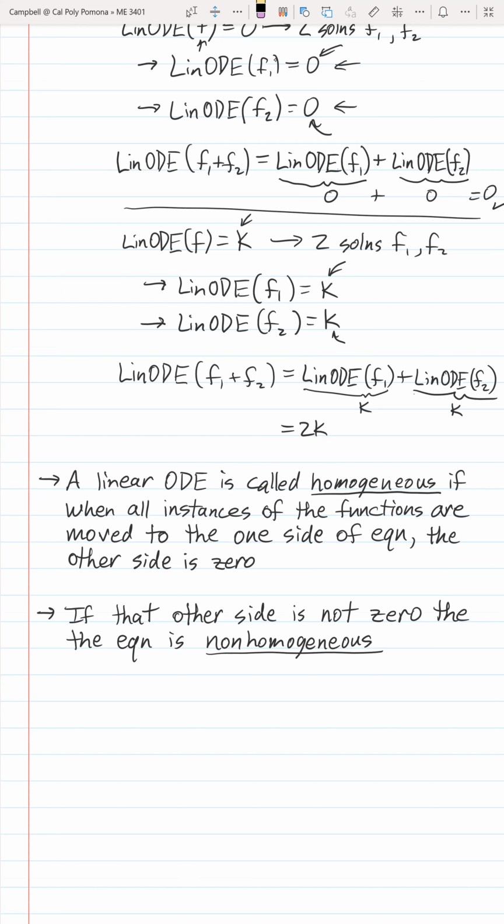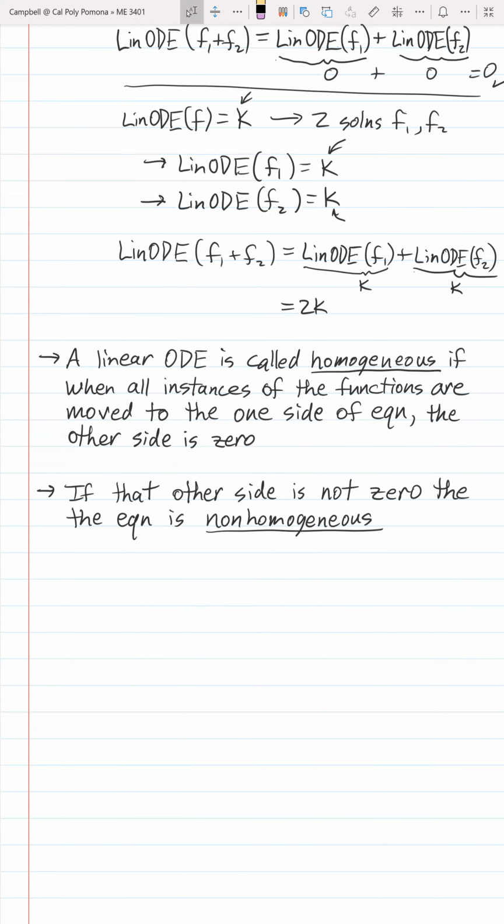And what we'll see is it means that we're just sitting there pushing on the system. So it'll take us a little bit to get there, but understand that when we're talking about a non-homogeneous differential equation, it just means we're exciting the system in some way by giving it some kind of input. And that's all that means.